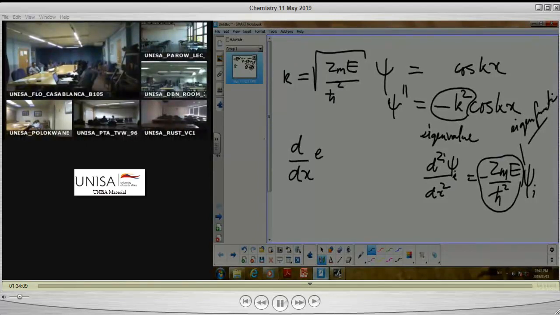So what do we expect? If this is an eigenvalue equation, we expect to get an eigenvalue here times that. That's what we expect.